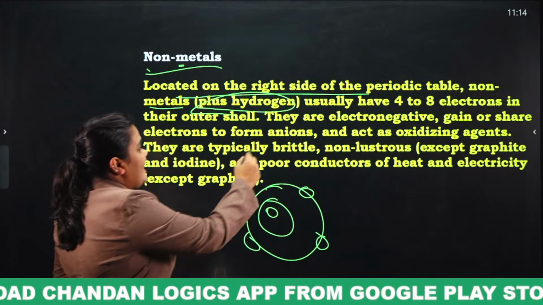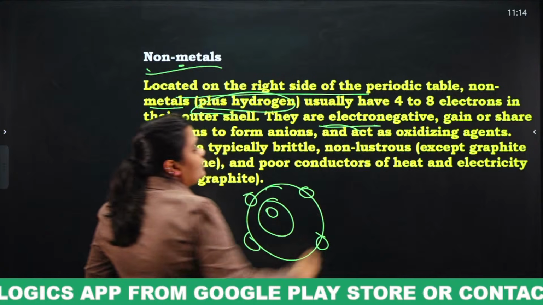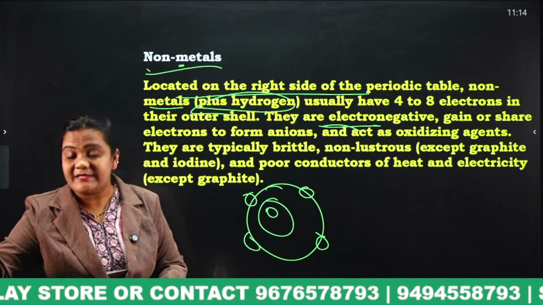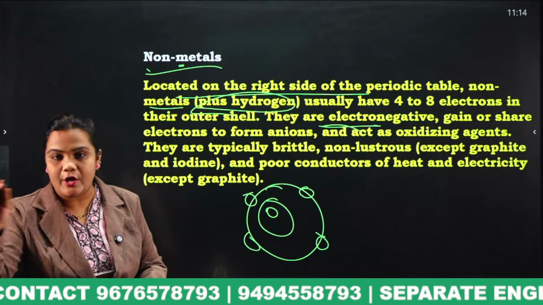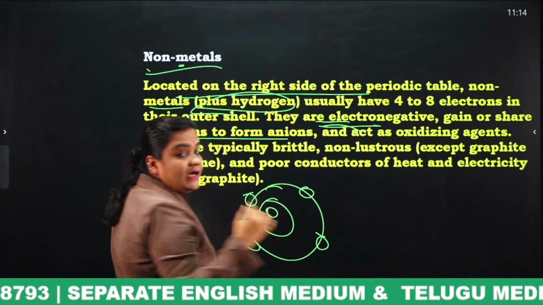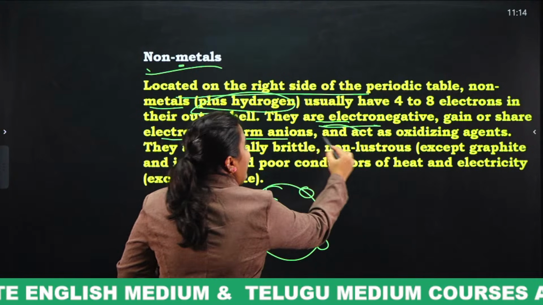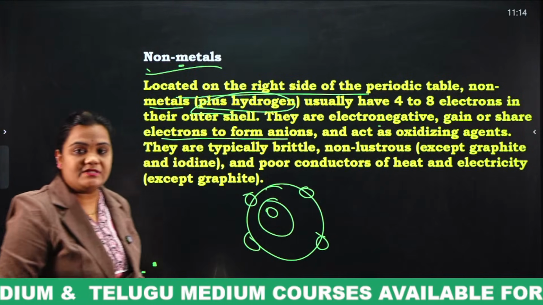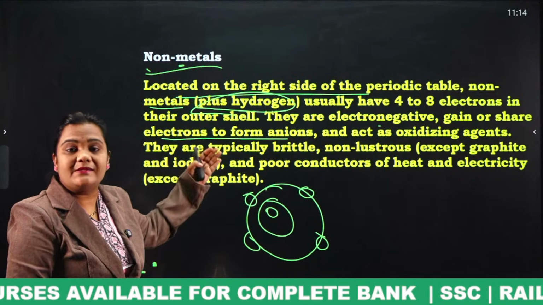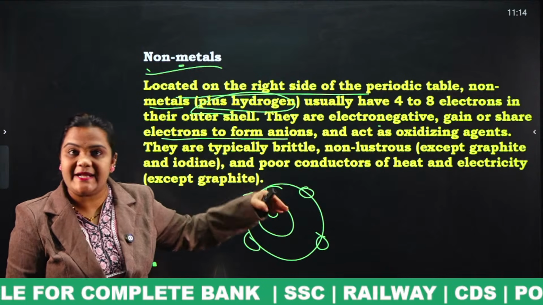As I told you, they are electronegative. That means they easily gain or share electrons and form anions and act as oxidizing agents. So metals act as reducing agents and non-metals act as oxidizing agents.